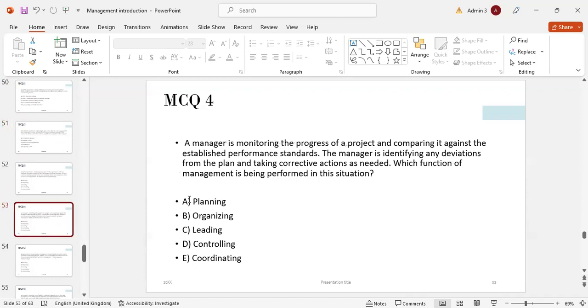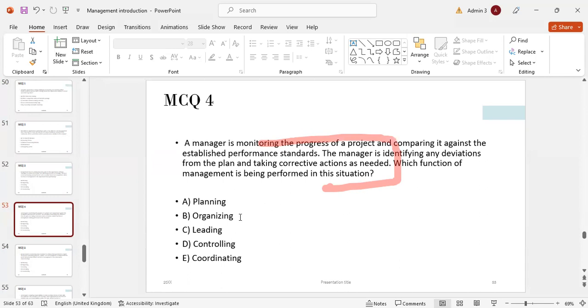A manager is monitoring the progress of a project and comparing it against the established performance standards. The manager is identifying any deviations from the plan, taking corrective action as needed. Which function of management is being performed in this situation? Option A, planning.